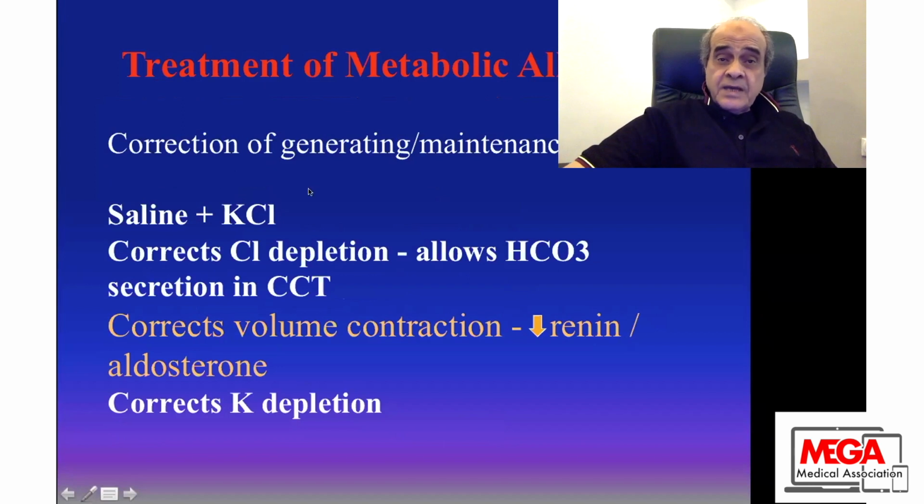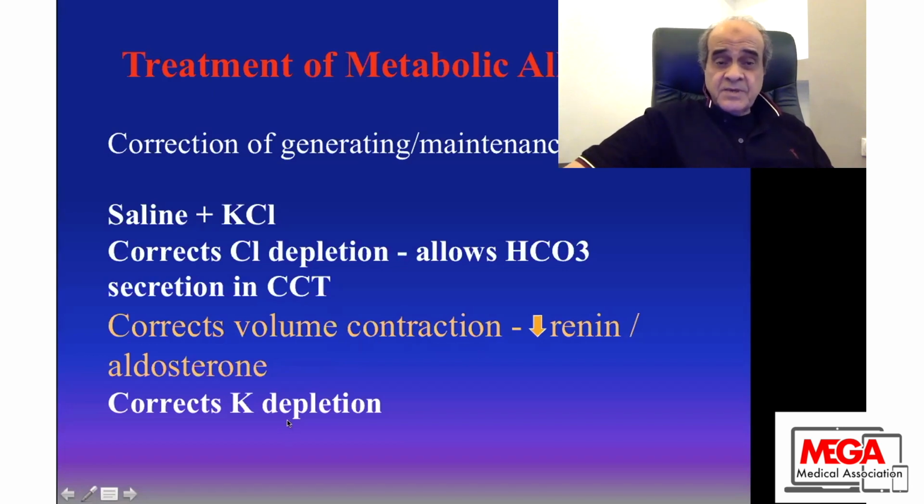Treatment of metabolic alkalosis: of course, we will give saline, especially in patients exhibiting low urine chloride concentration, or hypochloremic patients. They are responders to saline infusion, plus potassium chloride to correct the hypokalemia, correct the chloride depletion, allow bicarb excretion in the collecting duct, and correct volume contraction, because you will decrease the renin and aldosterone secretion, which are the main precipitating factors in contraction alkalosis.